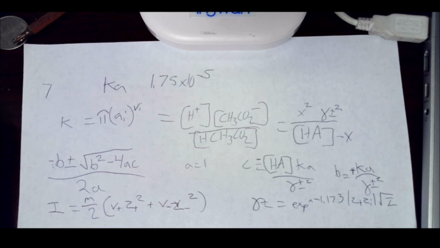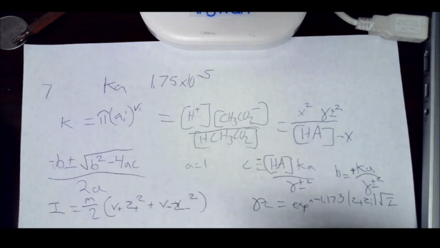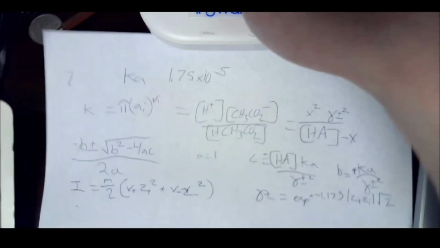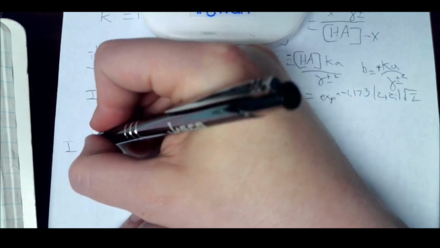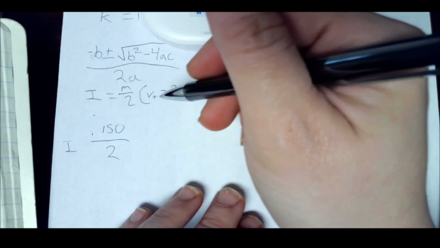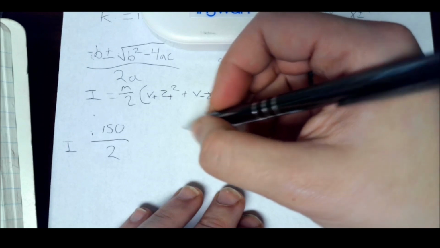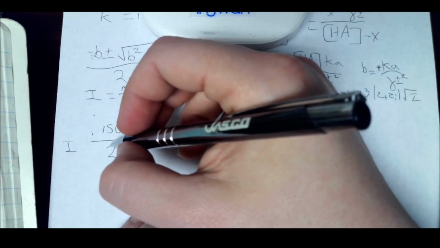So with that in mind, starting with the molality of 0.15, over 2, equals, actually, I'm jumping the gun.